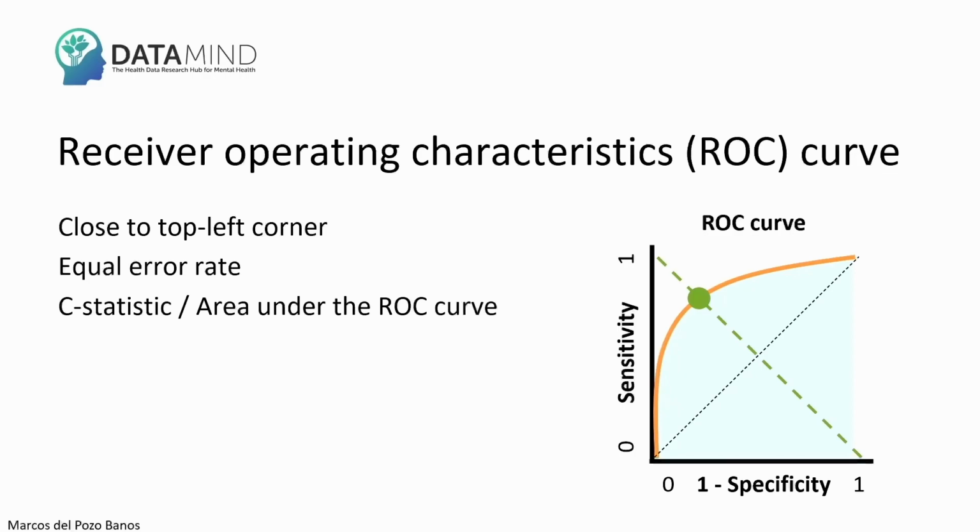So a C statistic of 0.5 means the model is a pretty bad one. That would be the equivalent of a model that just flips a coin. And then anything that is between 0.5 and 1, which will be the maximum, will be an improvement compared to 0.5, to the chance model.